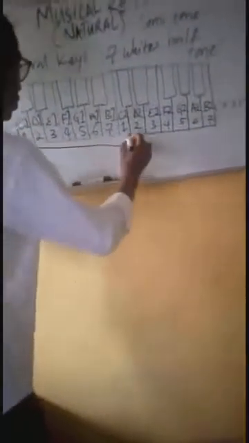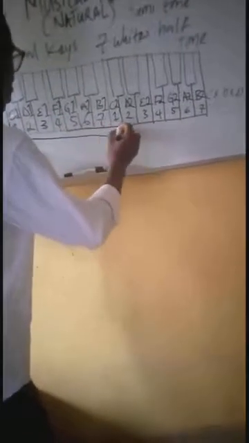So if from this first key to the repeated brother above is called an octave, then from C1 to C2 is an octave. From C2 to C3 is an octave.